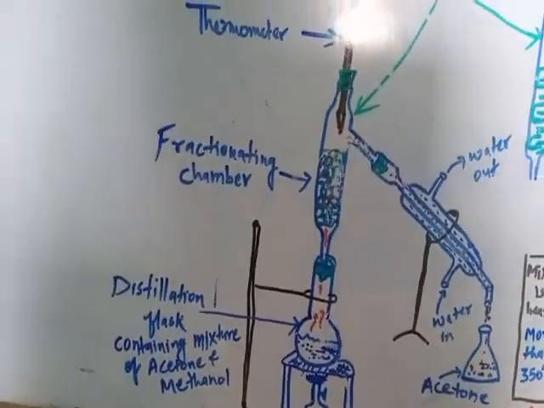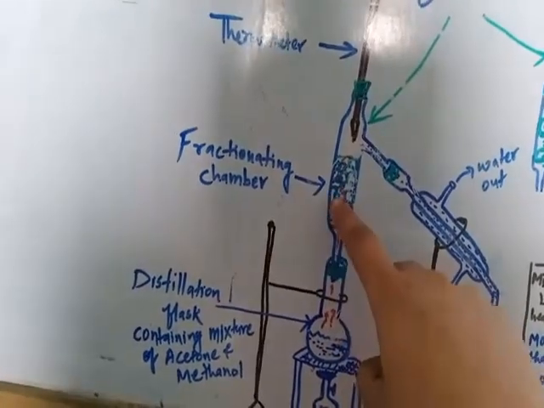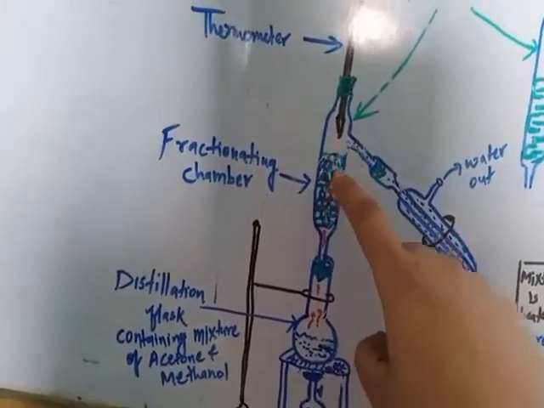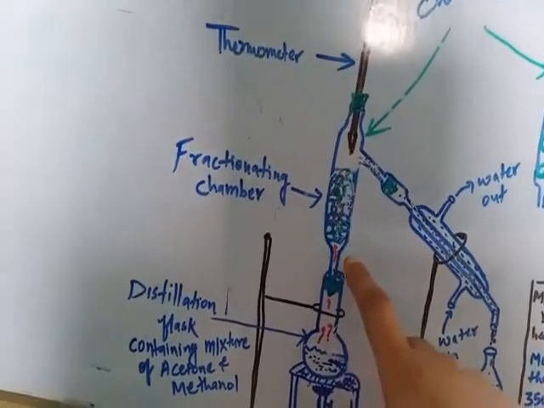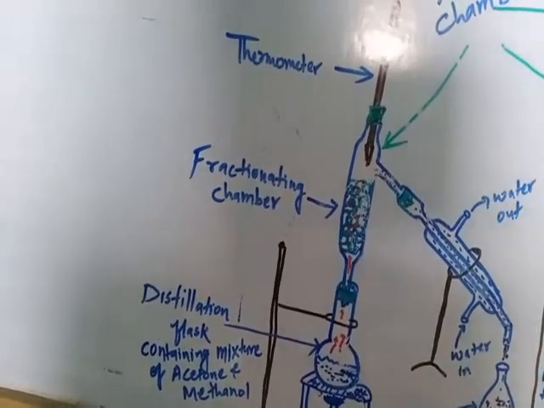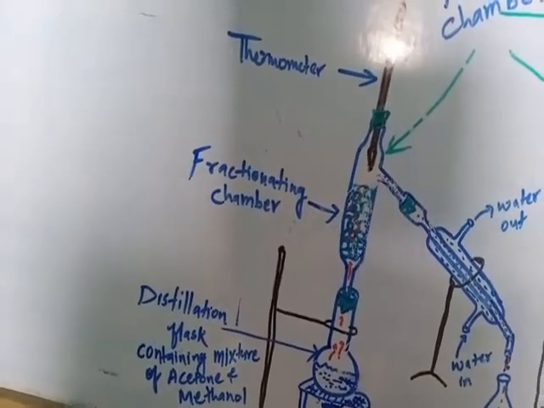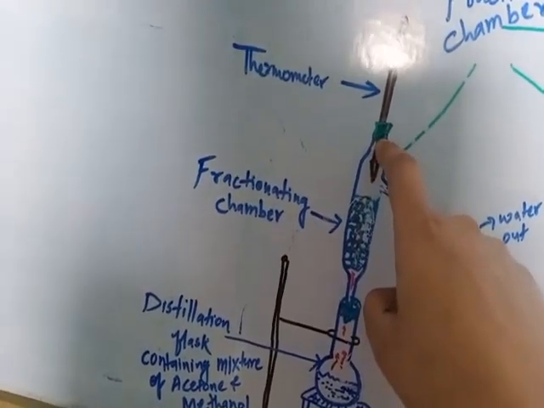But the vapors are not able to move upward easily because the distillation flask is fitted with a fractionating chamber, and the fractionating chamber is made in such a way that vapor does not move easily upward.